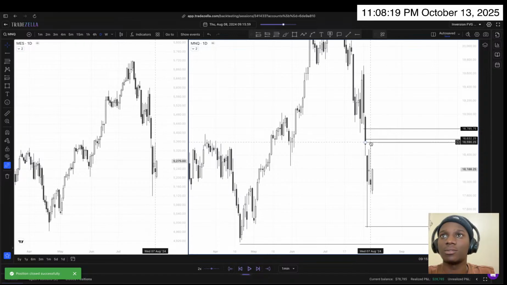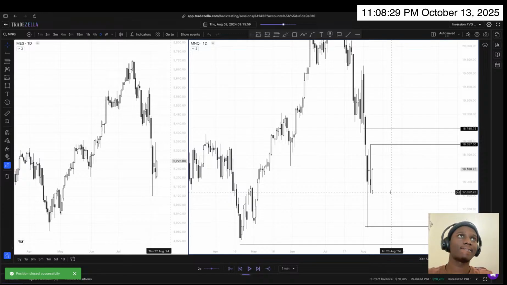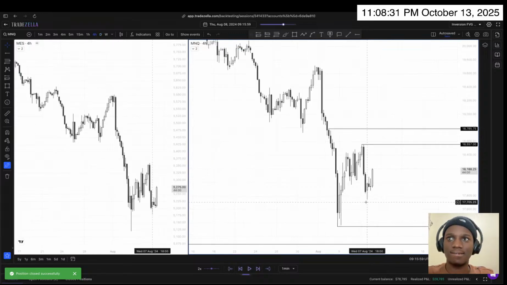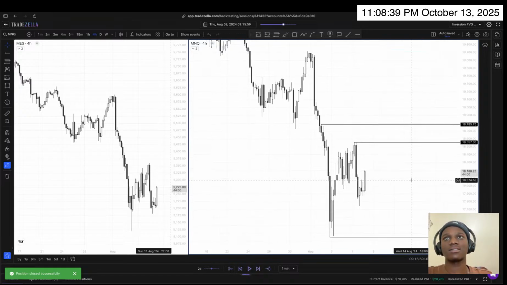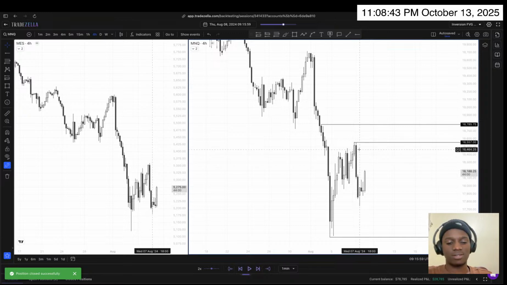I still think we're bullish, depending on how the day opened. We're in a 4-hour gap, so there's no big chances that we could head higher.